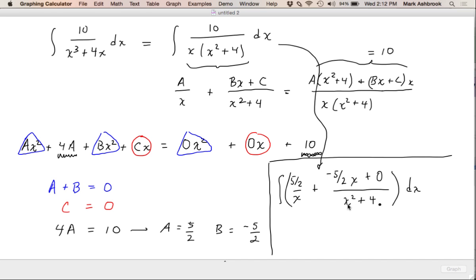What kind of function is in the parentheses there? In terms of the meaning of integral, what kind of function do we take the integral of? Rate of change function, right? Rate of change times a little change gives us a little bit of amount, and then we're going to sum up all those little bits of amount.